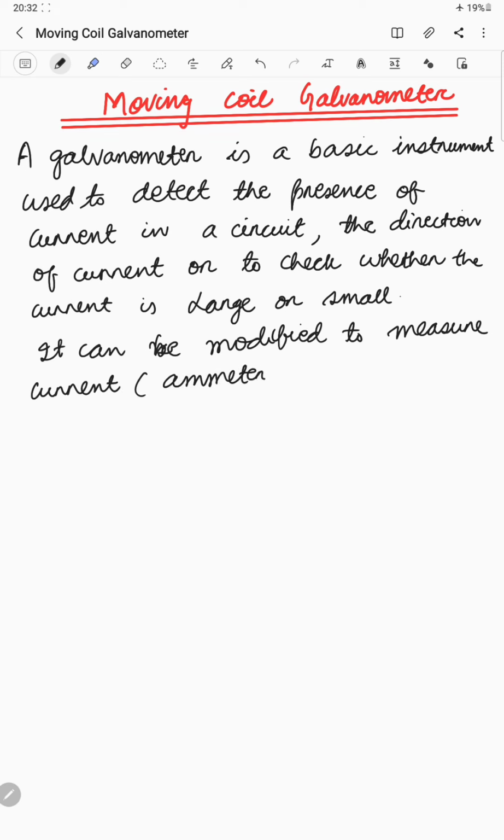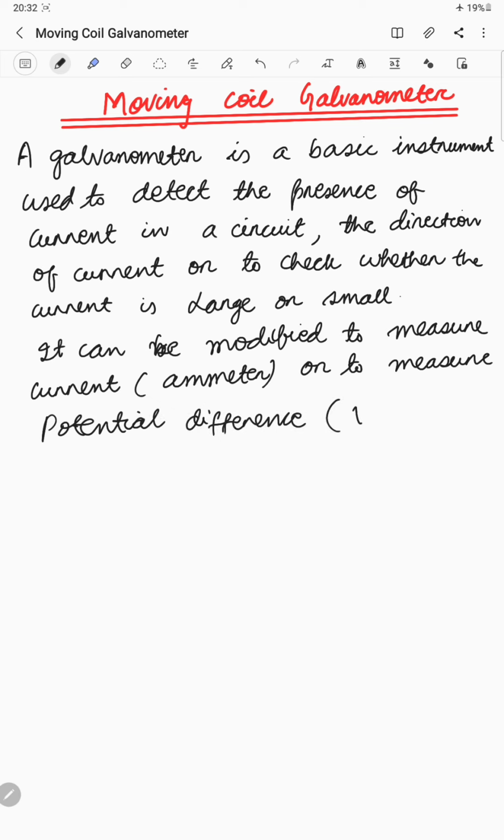That means we can also convert galvanometer into ammeter, or to measure potential difference, that can be done by converting a galvanometer into a voltmeter. So basically we can convert galvanometer to ammeter, voltmeter. It is used to measure small amount of current. Now all these things this one wonderful instrument can make.